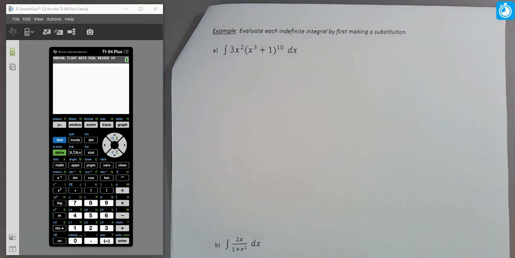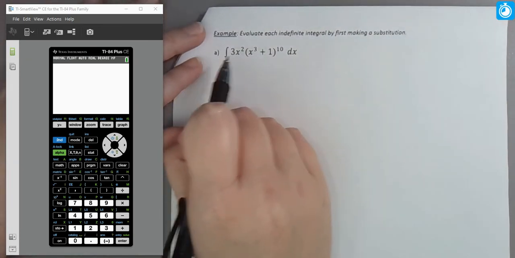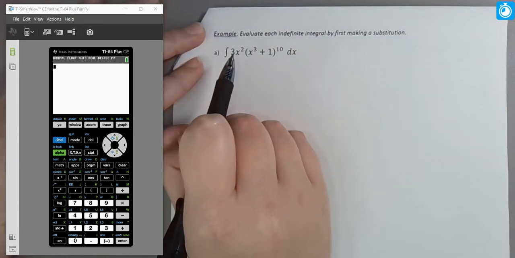Okay, so we want to evaluate each indefinite integral by first making a substitution. And of course, we want to write out what substitution we made, and we want to make sure we list all the steps we use to substitute, not only for our inner function, but also for the differential. Okay. So what are we looking at here? Well, I see a product of two functions.